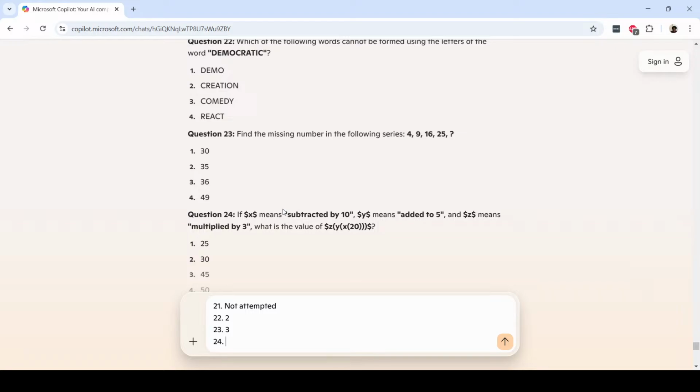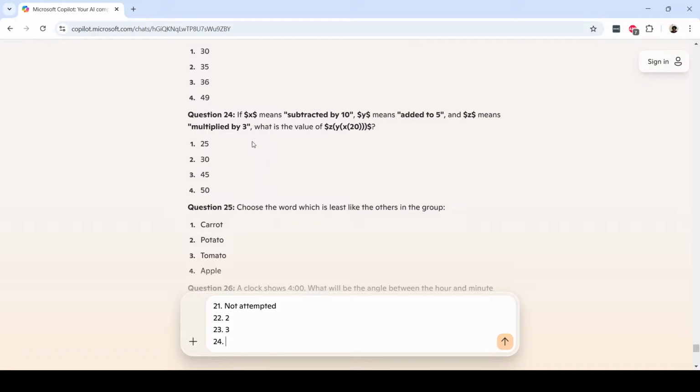So when I'm solving the sequence, I'm telling 4 plus 5, so the difference is 5, the first two difference, and then the next difference is 7, and so on. Okay, so if $ means subtracted by 10, and dollar by dollar means added to 5, and okay.